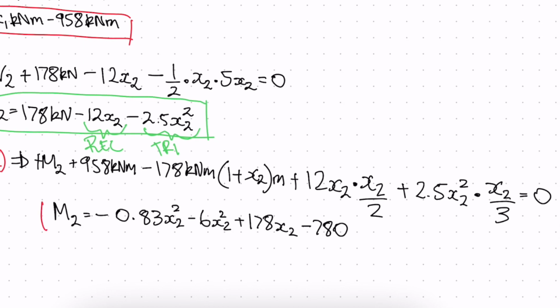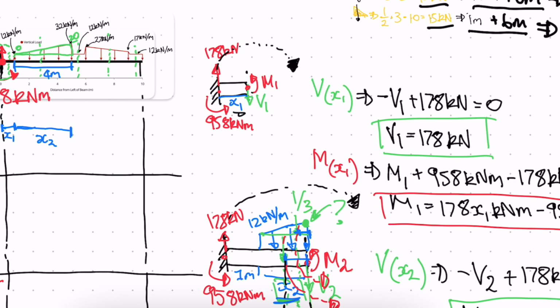If we solve for M2, we'll find this to be our moment function. So now we found our X2 and our X1. Then we can find the functions for each section. So this will be X3, this will be X4, and this will be X5.